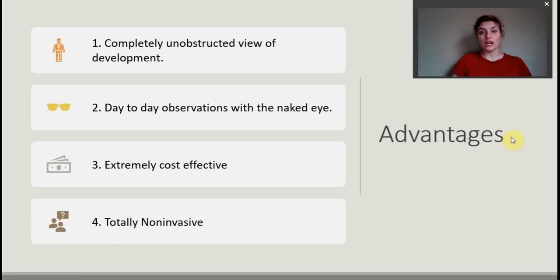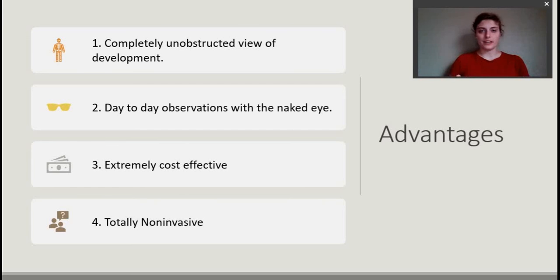But there's also a completely unobstructed view of development when you have the embryo out of the eggshell. You can see 360 degrees in every direction. There's no necessity for complex instruments. This allows for day-to-day observation with the naked eye.